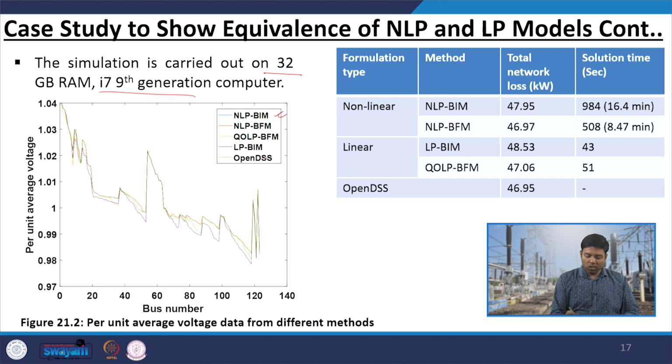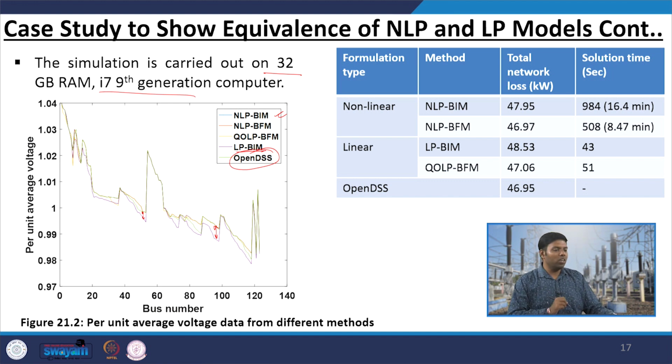OpenDSS is used to validate whether your solution is close to the actual solution or not. You can see that with the LP-BIM, your voltage values are quite deviated. I already mentioned before that the BIM model is not good for radial distribution networks, which you have already seen theoretically.